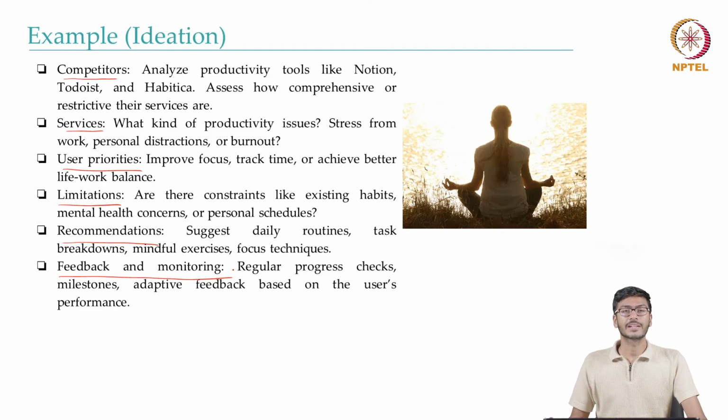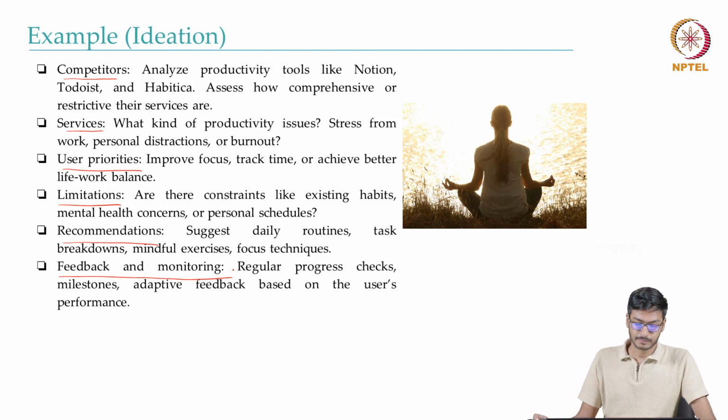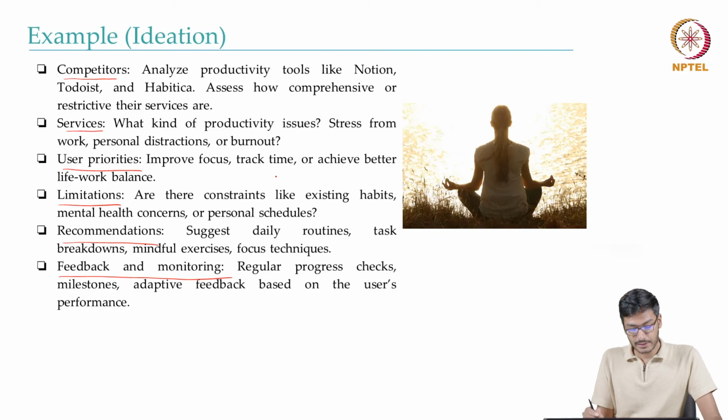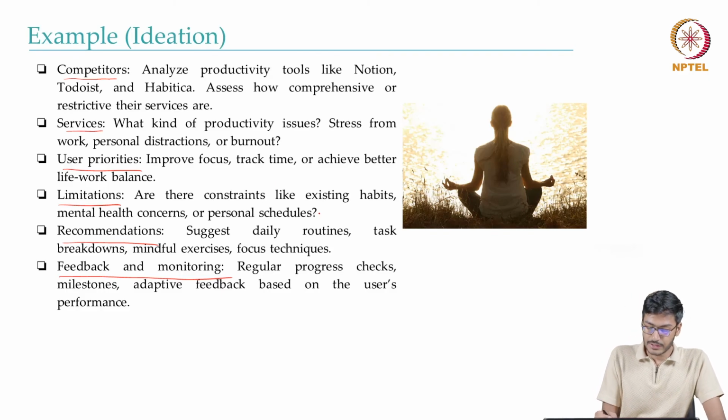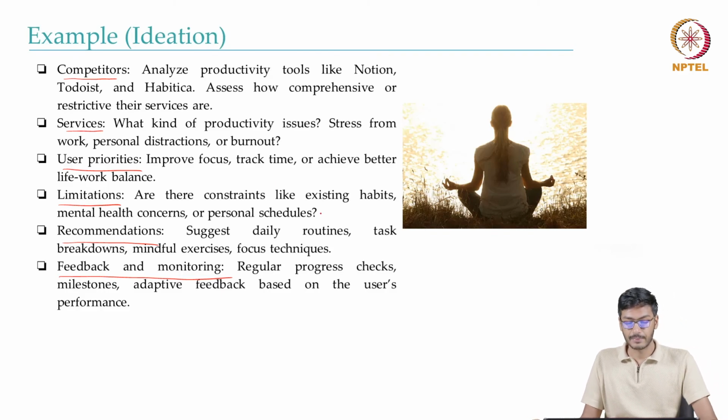We may need to look at the services that may be provided by the application, what kind of issues the users have been facing, what are the users' priorities, to improve focus, track their time, or achieve better work life balance, what limitations can be with the existing habits, or some mental health concerns, or any personal schedules.